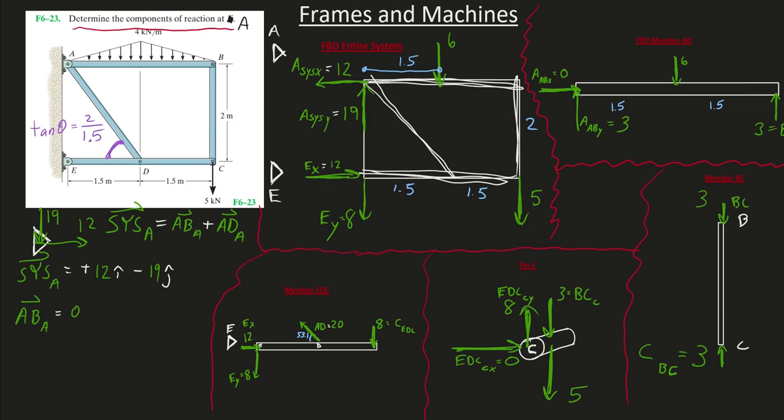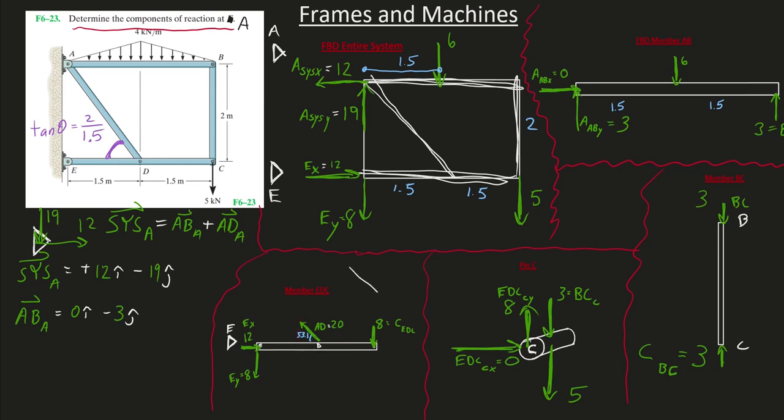So a 0 in the I, of course, and a negative 3 in the J. Now, for the force that AD puts on pin support A, we haven't really discussed AD yet, but we can do that very quickly.